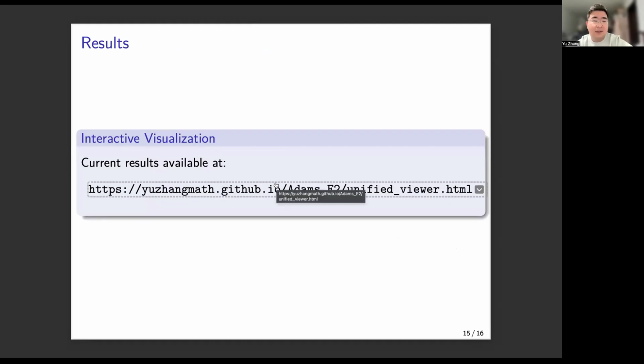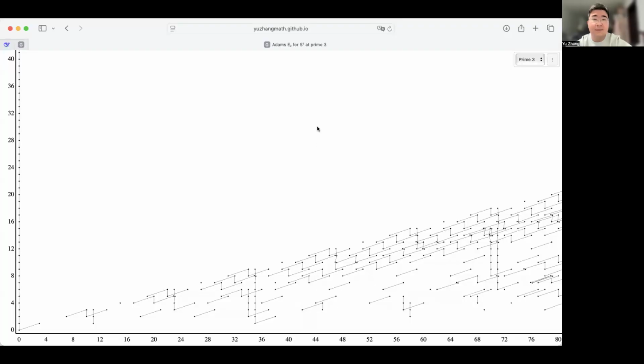And recently, we have plotted our current result on a web page. So now I will stop sharing this slide and start sharing this web page. All right, can you see the web page now?